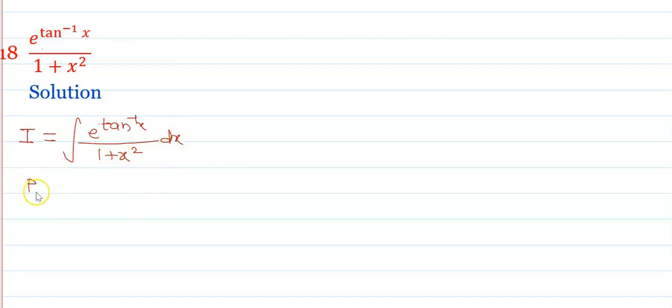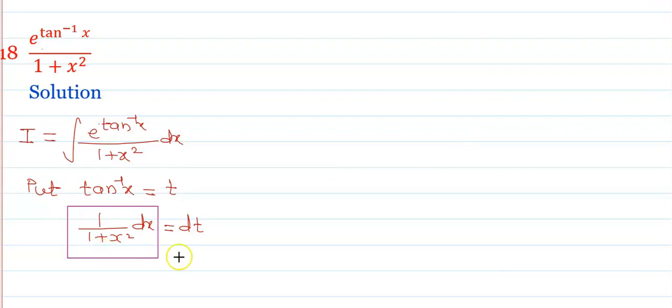Put tan inverse of x equal to t. Therefore, its derivative, 1 upon 1 plus x square into dx, is equal to dt. This is dx upon 1 plus x square. This is important.